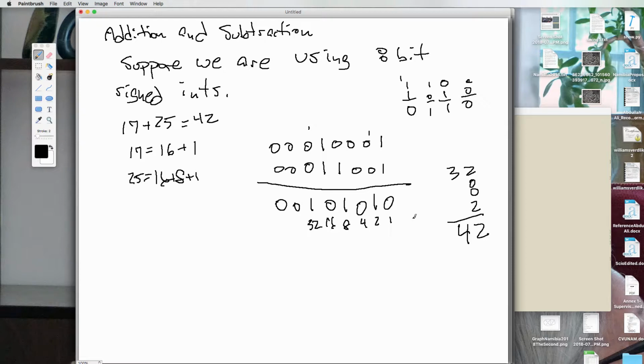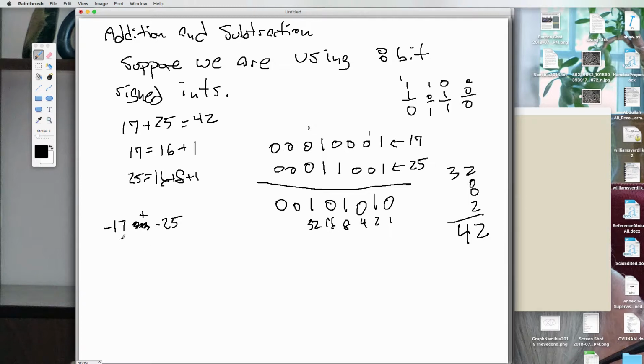Okay. Suppose I wanted to add, just for fun, minus 17 plus minus 25. Let's do it. Well, the first thing I need to do, remember, this over here is 17. This number over here is 25. I need to calculate the 2's complement of each one of them.